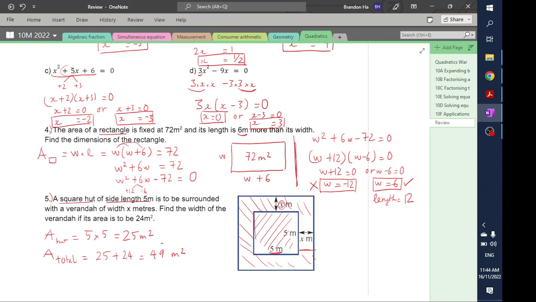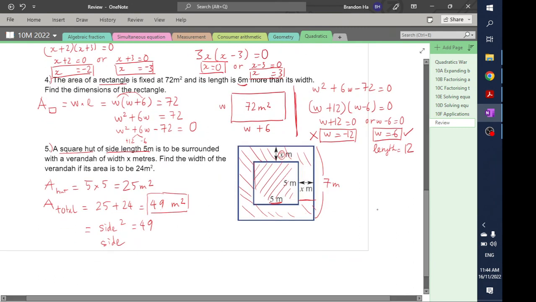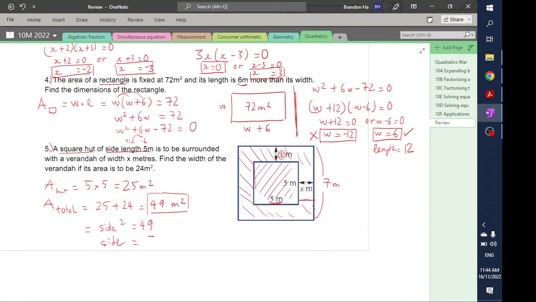From the area of the whole thing, we can say that the side length from here to here is actually 7, because 7 times 7 is 49, right? We can say side squared equals 49, so side equals 7 meters.